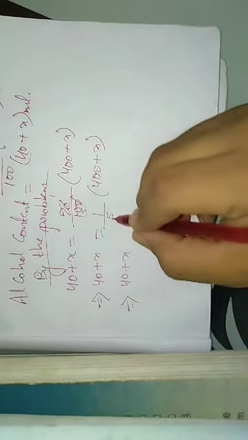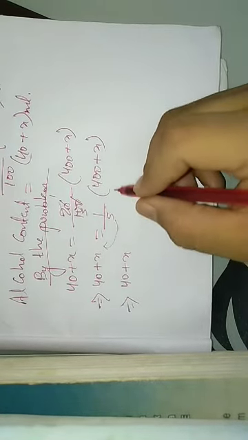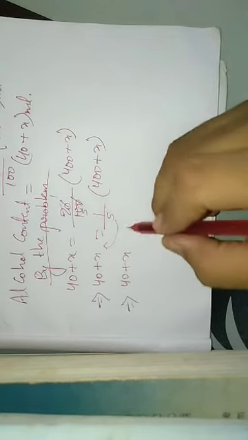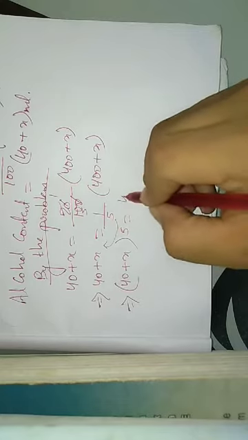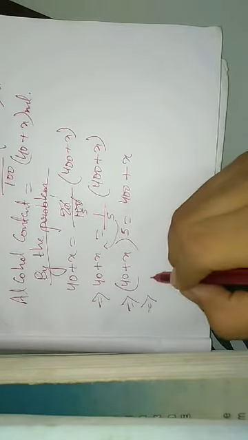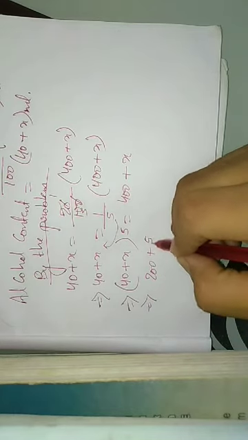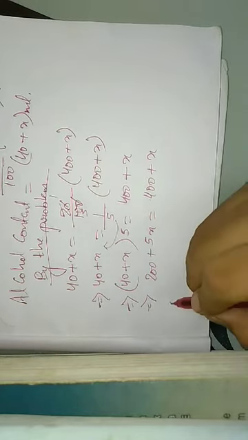Let's do cross multiplication. Otherwise you would get 400 by 5 plus x by 5, and x in fraction. I don't want that, it is a bit complex and there are chances of mistake. So 5 goes over there, and 5 4s are 20: 200 plus 5x is equal to 400 plus x, right?